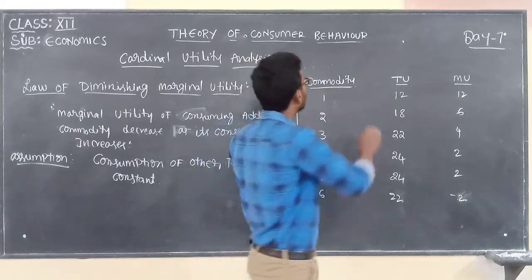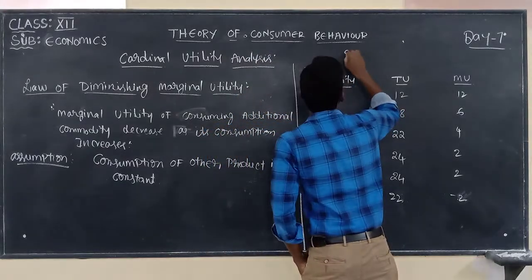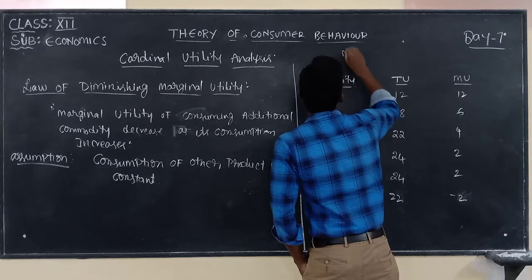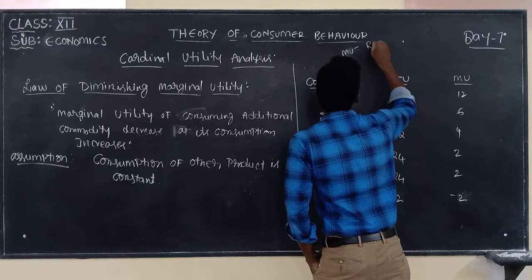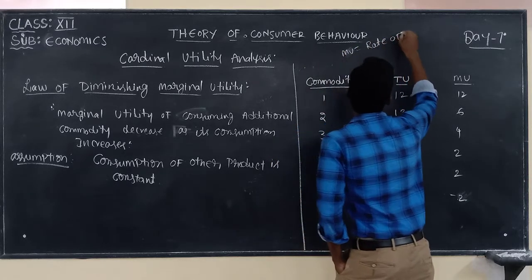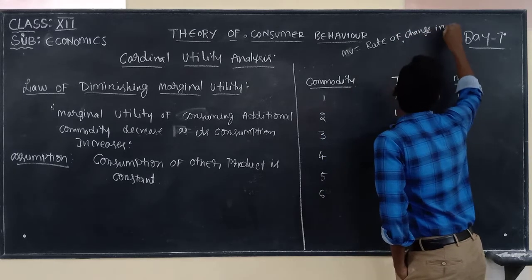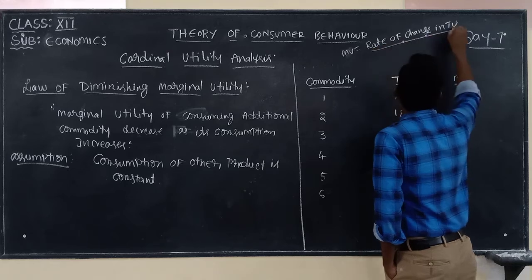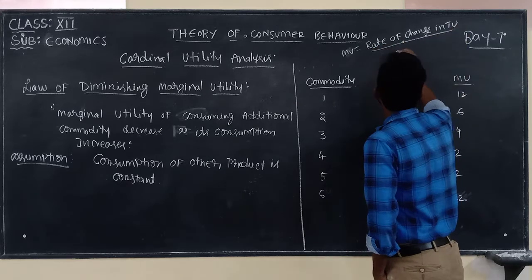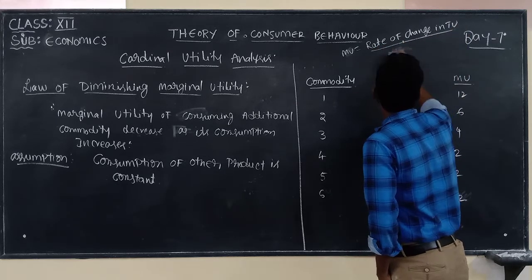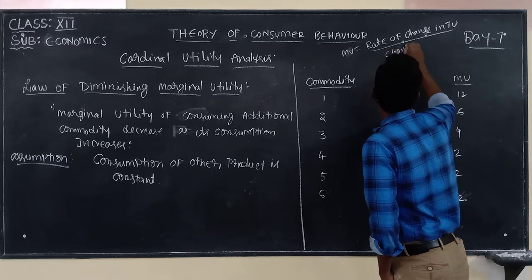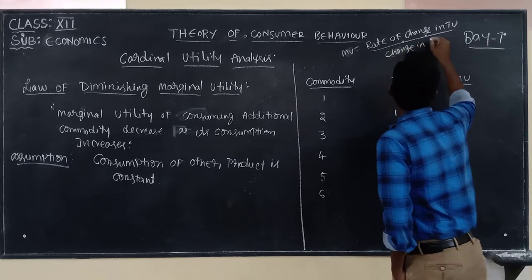So we can say that marginal utility equals the rate of change in total utility divided by change in quantity.